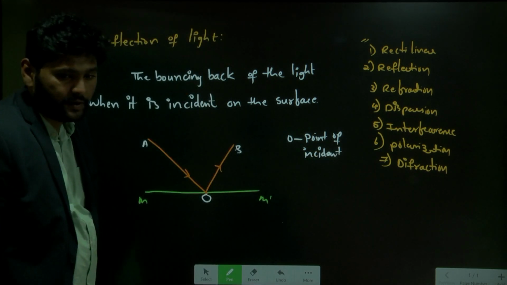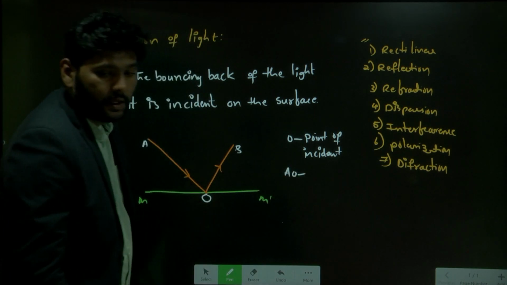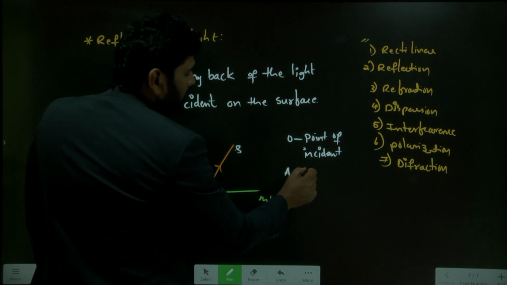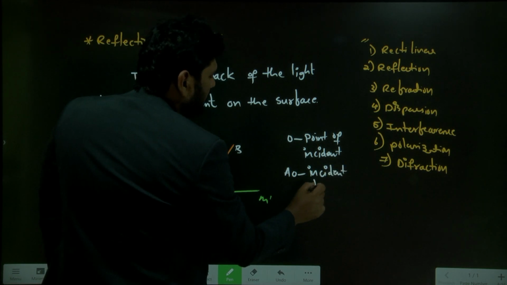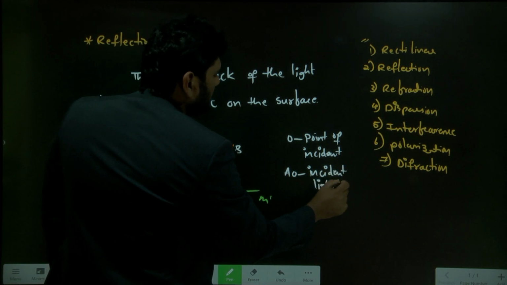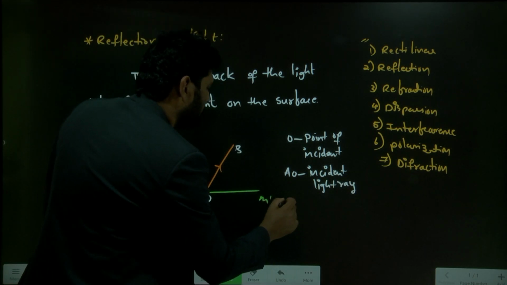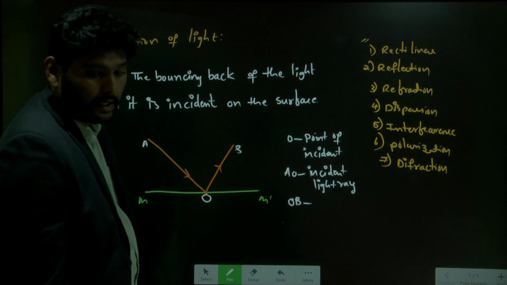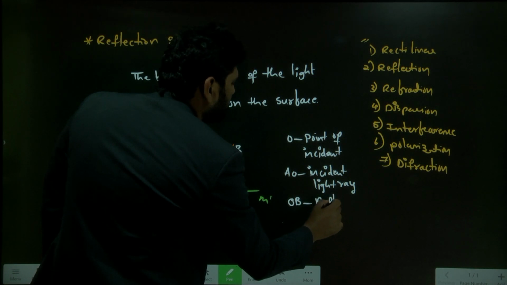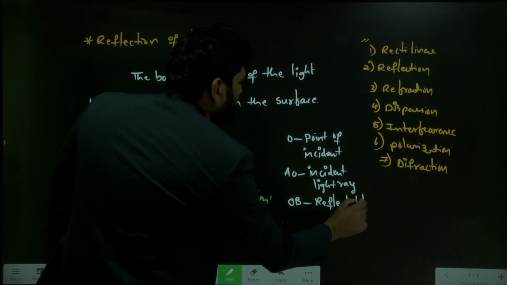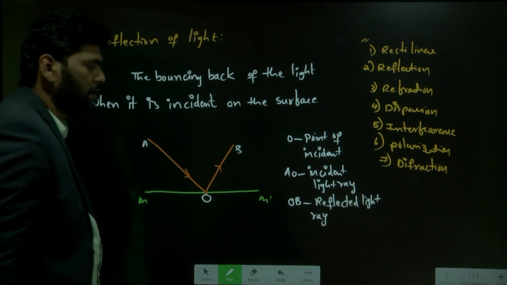AO is called the incident light ray. OB is called the reflected light ray.